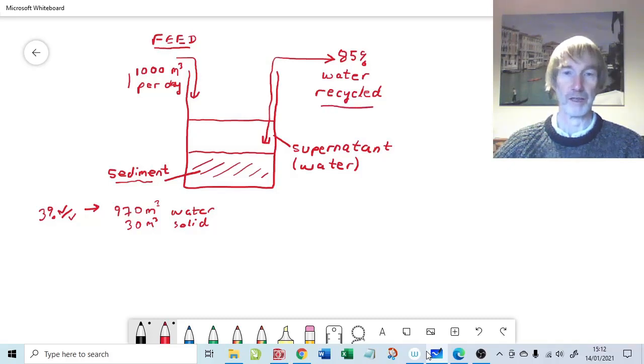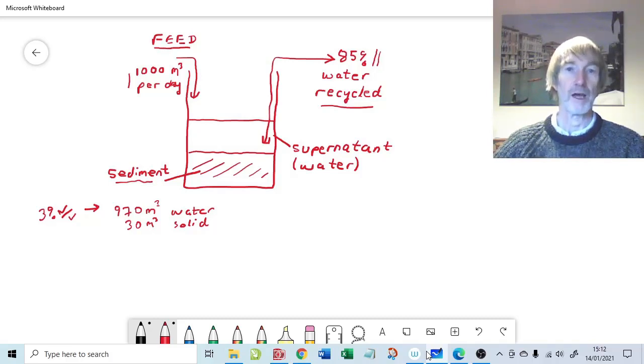We'd like to recycle as much as possible, and the design requirement has been set at 85%. So we're trying to recycle 85% of the water each day back into the process.